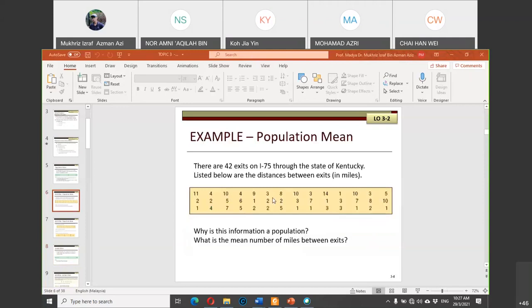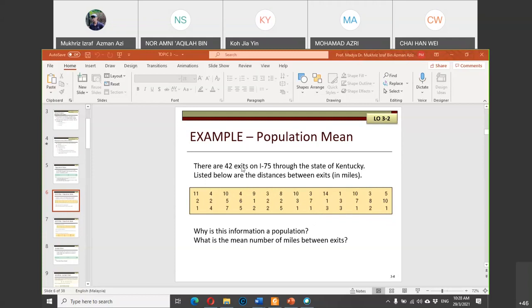Here we have a simple data set, and we're going to calculate. The first question is: why is this information a population? Why is this a population, not a sample? Because of the statement mentioned in this case. Since this book is from the US, the example is all US based.